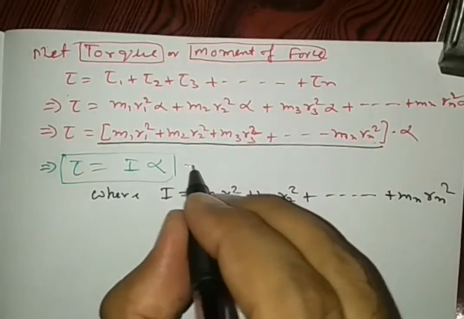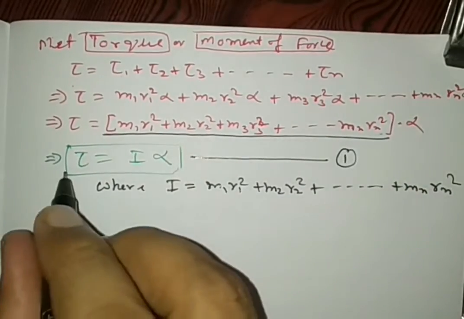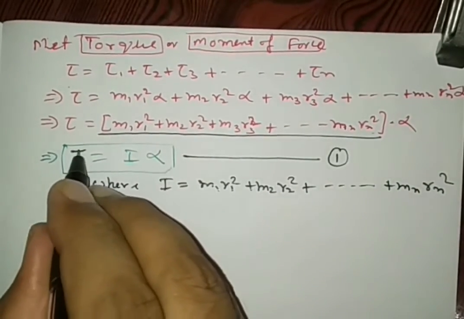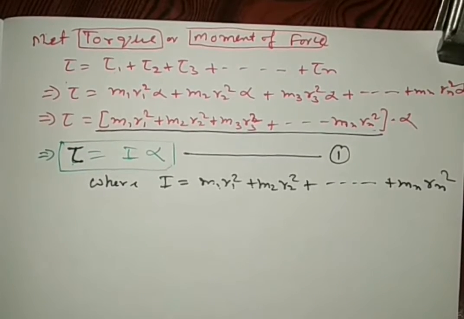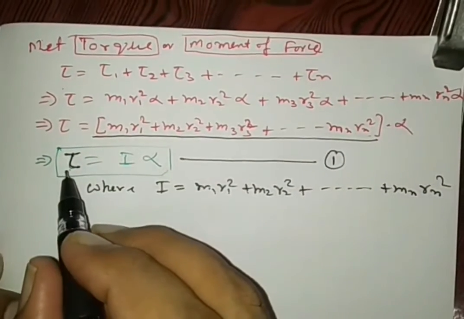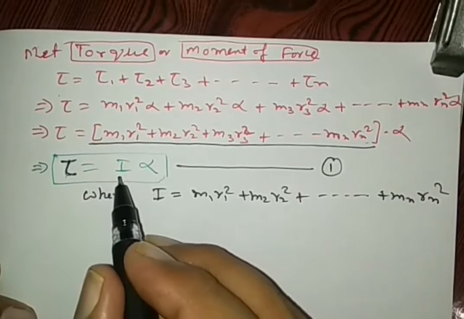Consider this as equation number 1: moment of force or torque is equal to I alpha. This is the required relation between torque and moment of inertia.